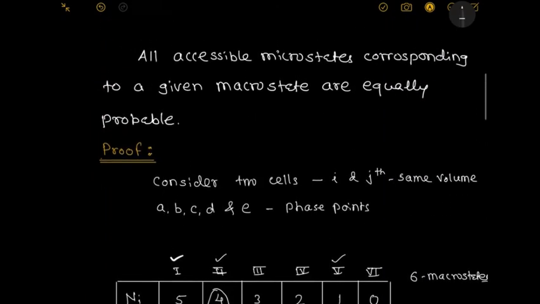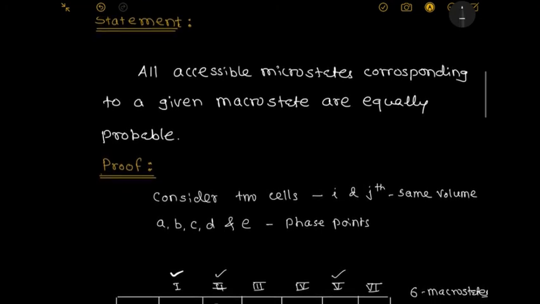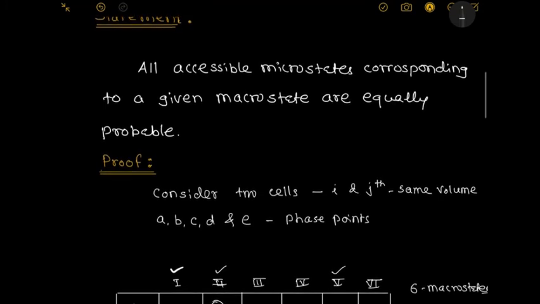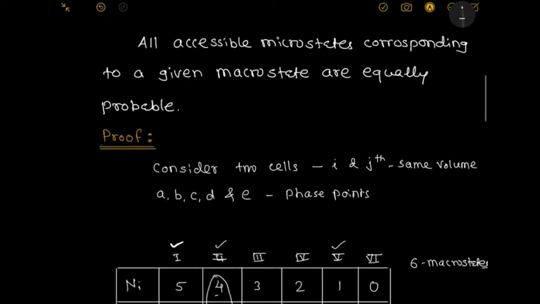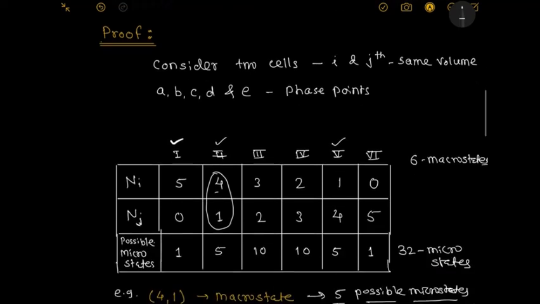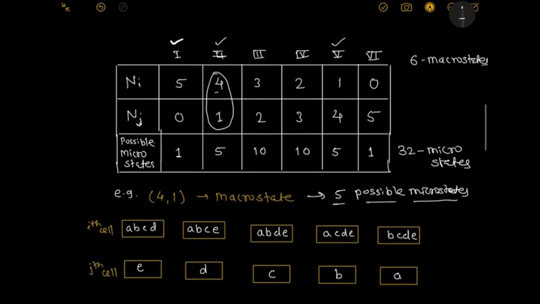The statement of the a priori probability is: given all accessible microstates corresponding to a given macrostate, they are equally probable, or the probability of finding the phase point in any given region of phase space is identical with that of any other region of equal volume, and we proved that using an example. If two cells have the same volume and 5 phase points are distributed in those two cells, then each of the microstates appears as frequently as another.